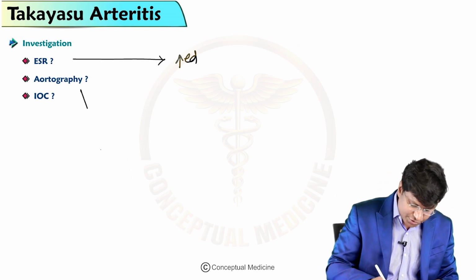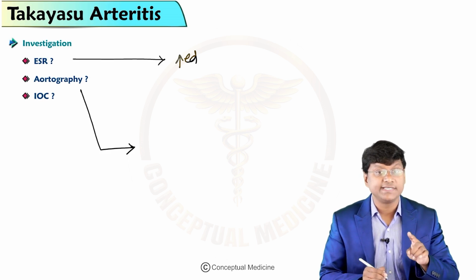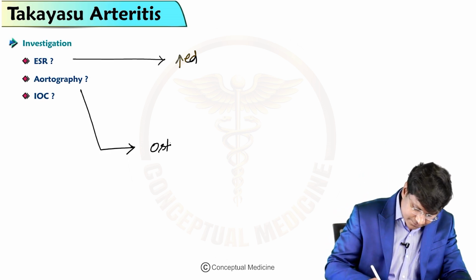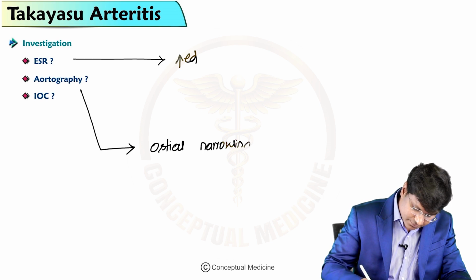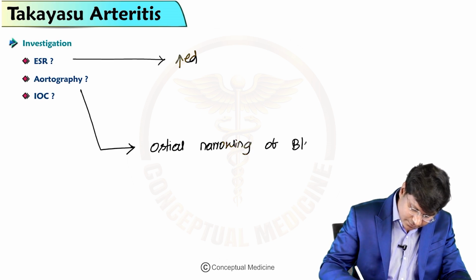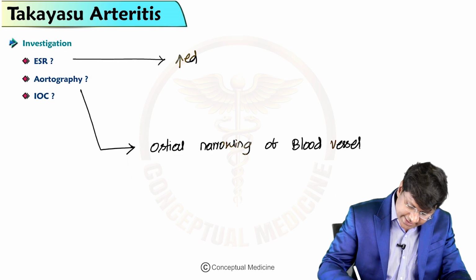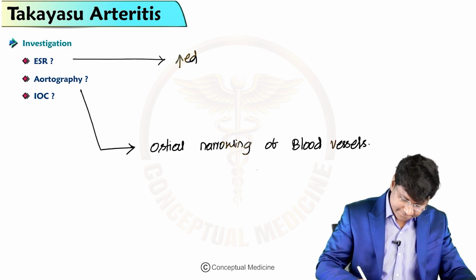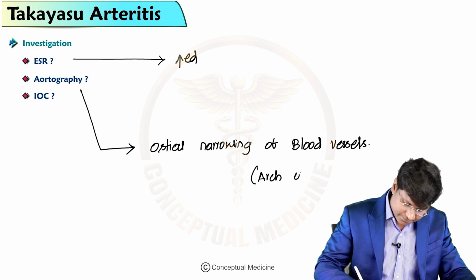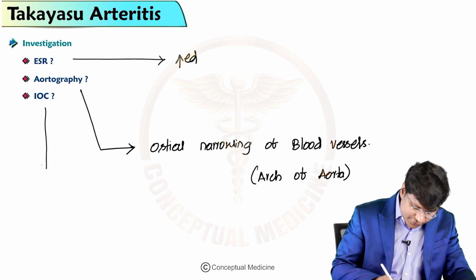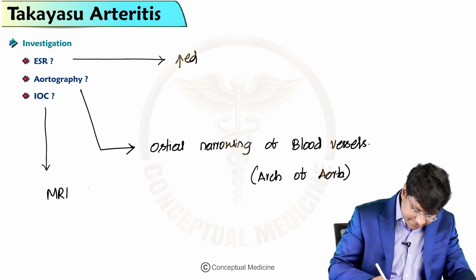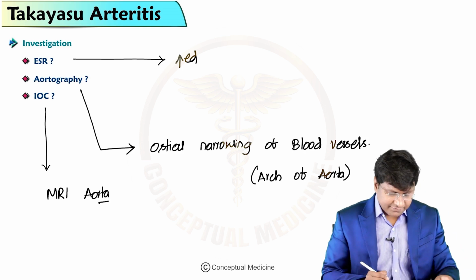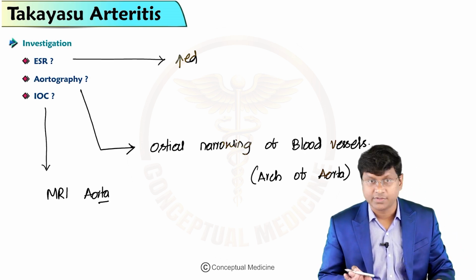And what does the aortography show? The aortography shows ostial narrowing of the blood vessels, the ones which are originating from the arch of aorta. And investigation of choice will be MRI of the aorta. That will be the investigation of choice in patients with Takayasu arteritis.